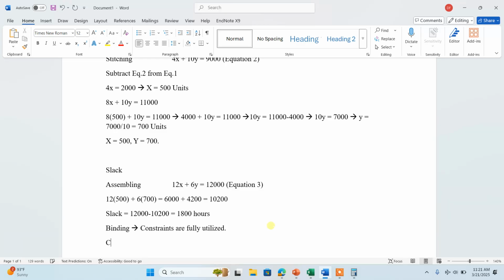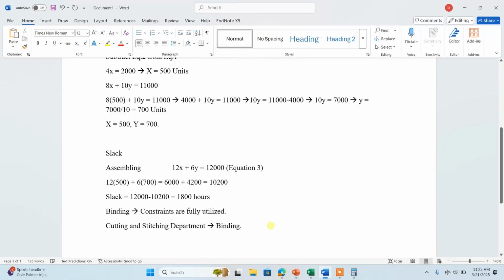So in this example, the cutting and stitching departments are the binding departments where we are utilizing our resources fully, while the third one, the assembling department, is slack, meaning the full hours are not utilized.